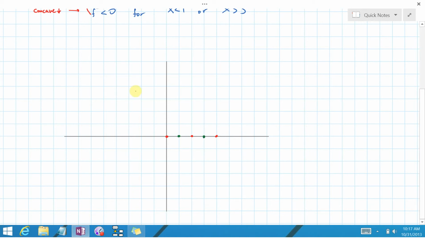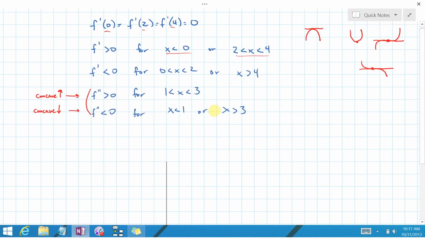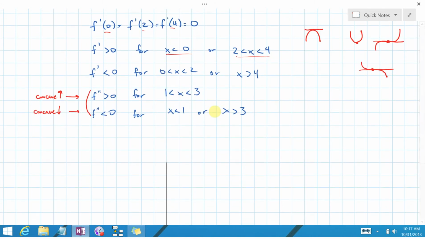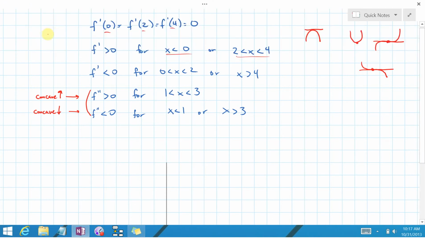The green points denote a shift in concavity, and the red points on the x-axis denote where there's a shift in the sign of f prime. And remember that f prime being positive means that f is increasing, and f prime being negative means that f is decreasing.